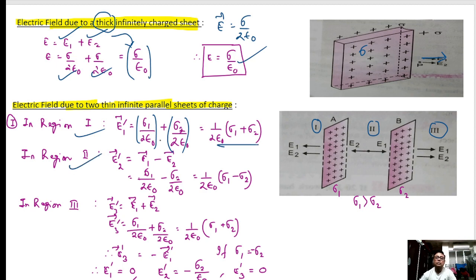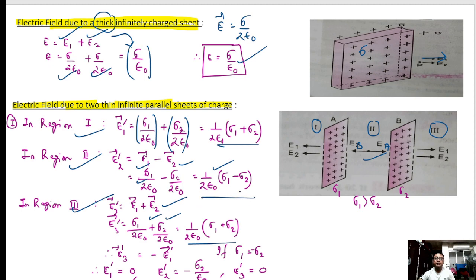Now in region 2, for sheet A electric field is away, and for sheet B electric field is this. So net electric field will be the subtraction of these. And in this region electric field due to sheet A is outside, electric field due to sheet B is also outside. So we will add them again and we get this formula.